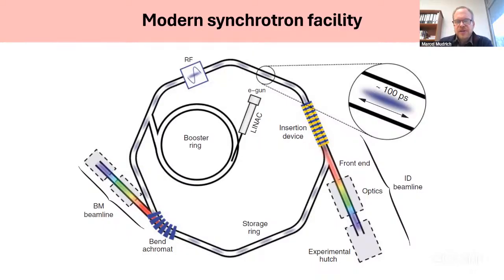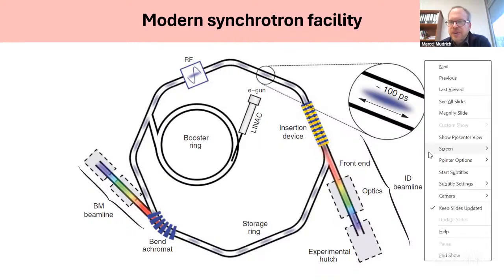Because in the end, X-ray free electron lasers are just a next generation, or a new development which is entirely based on synchrotron physics. So this was our main schematic representation of a synchrotron that contains the most important features and components.